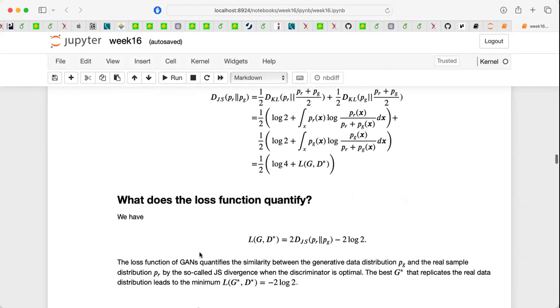The loss function of GANs quantifies the similarity between the generative data distribution and the real sample, which we have by the so-called Jensen-Shannon divergence.